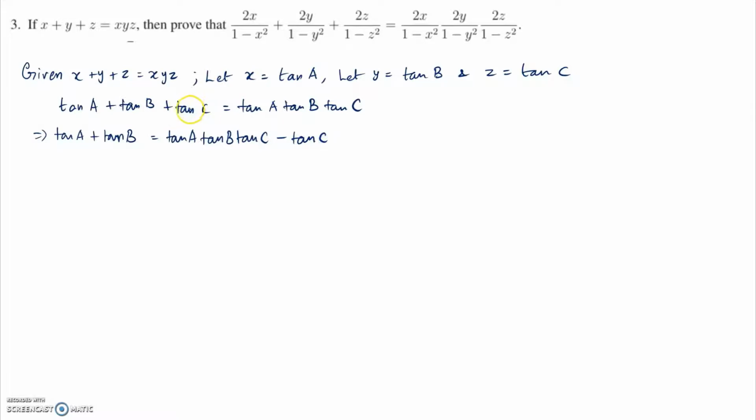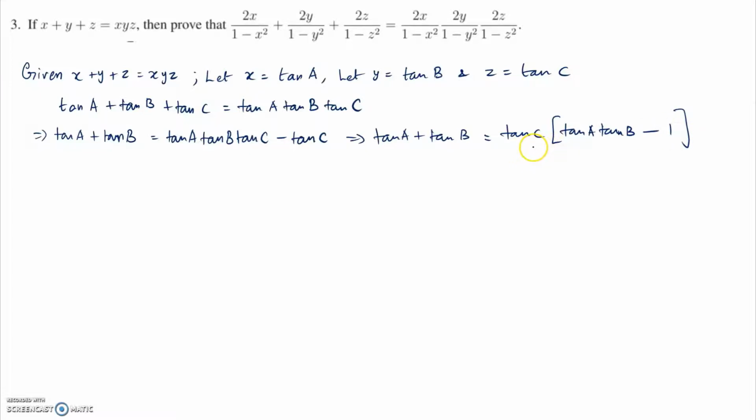We just bring the tan c from the left hand side to the right hand side. So this we can rewrite now as tan a plus tan b is equal to, take the tan c, which is common, outside the bracket. So this becomes tan c into tan a tan b minus 1.